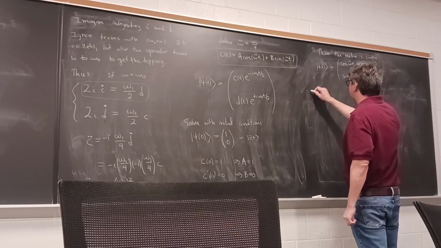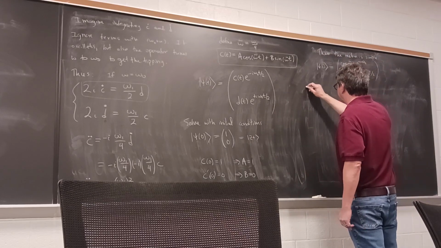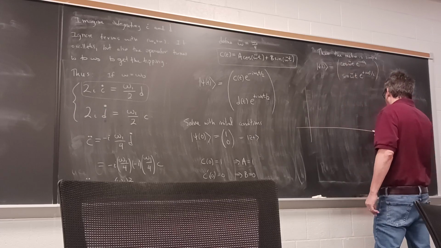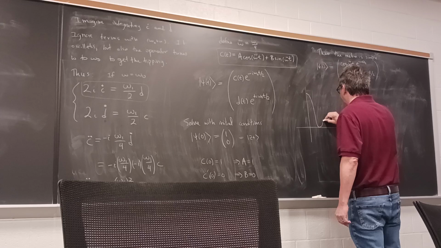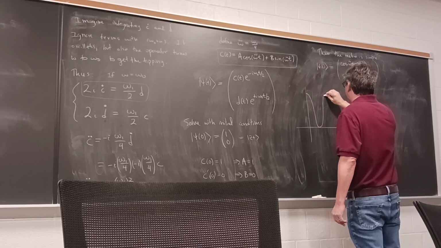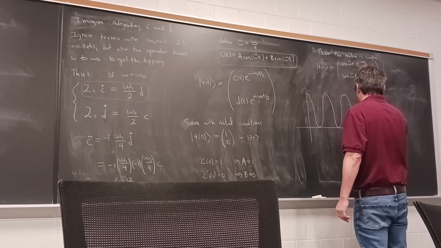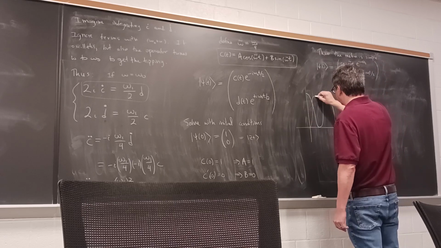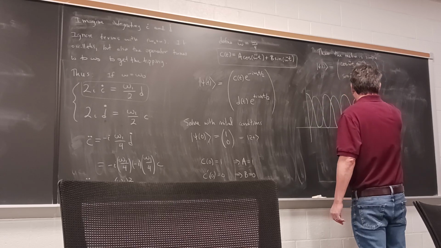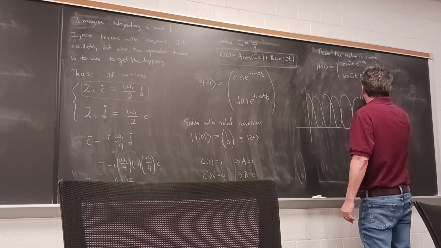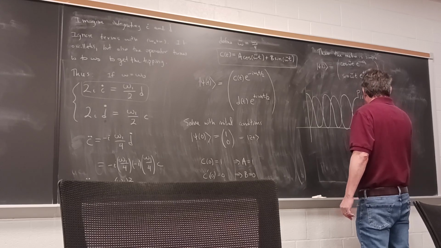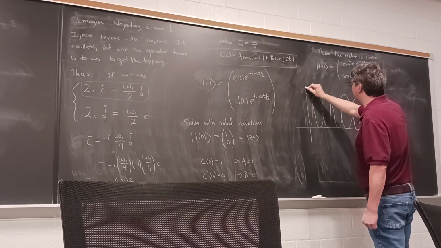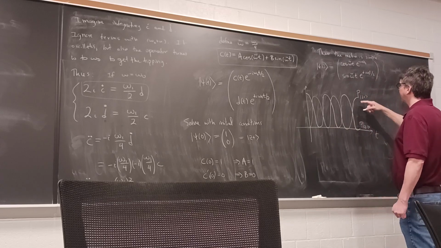So what happens then? This means that the probability of, this is something we've kind of seen before. We have this is the probability for finding z plus, and then this is the probability for finding z minus as a function of time.